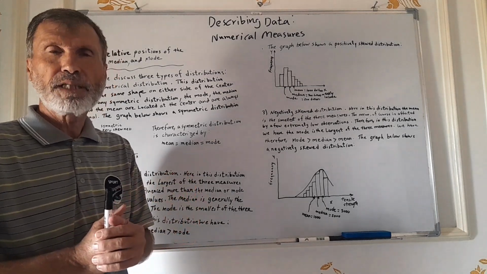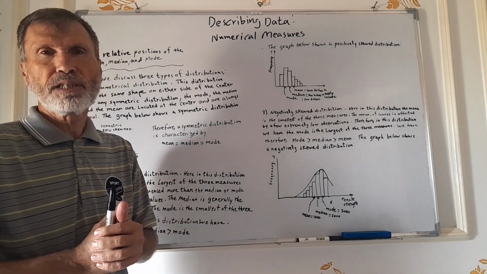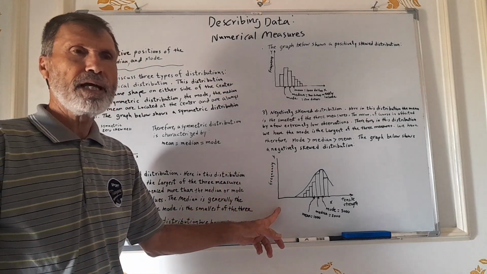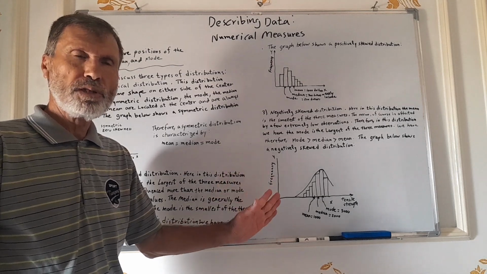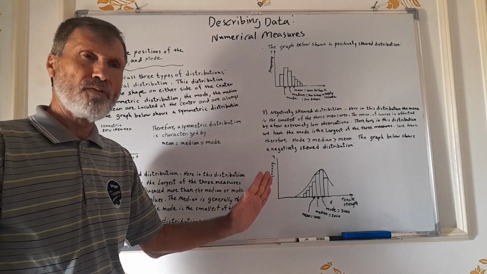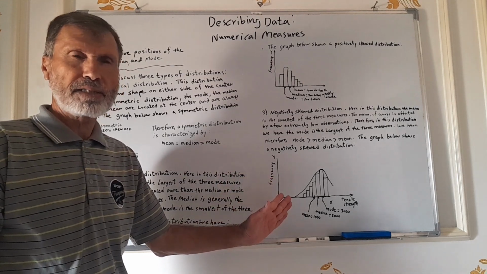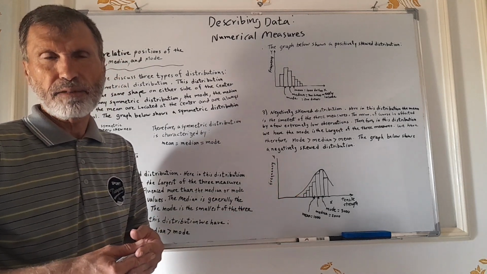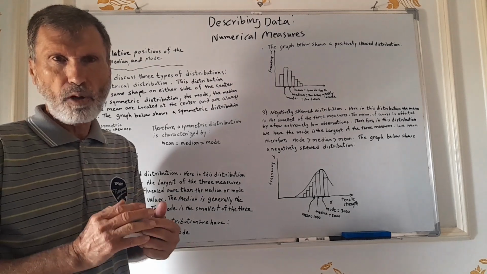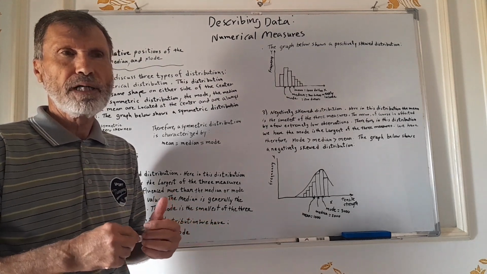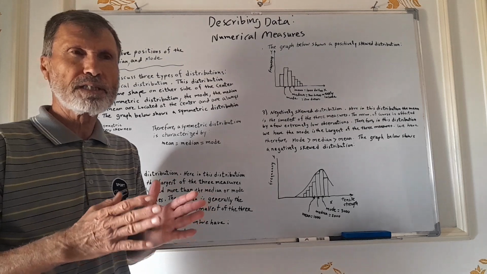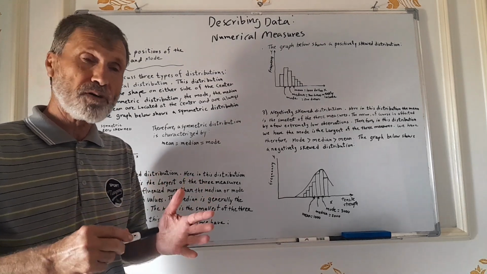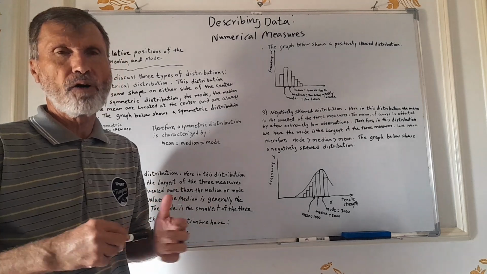Therefore, the arithmetic mean is not a good representative of the data in this case. So when we have a negatively skewed distribution, the mode is the largest of the three values, then next the median, and then the arithmetic mean. So the mean is the smallest because it is influenced by a few extremely low values of the data. Therefore, it's not a good representative of the data.